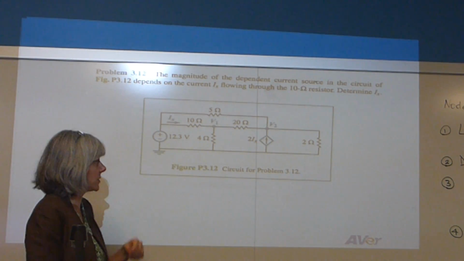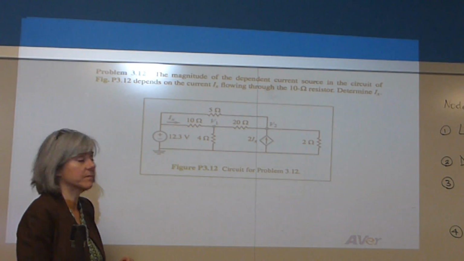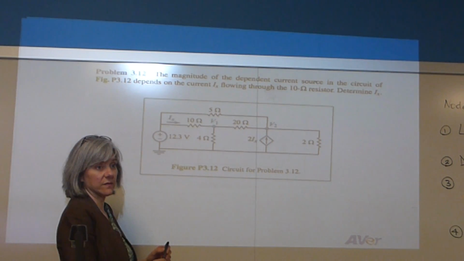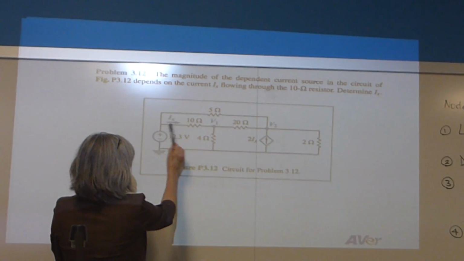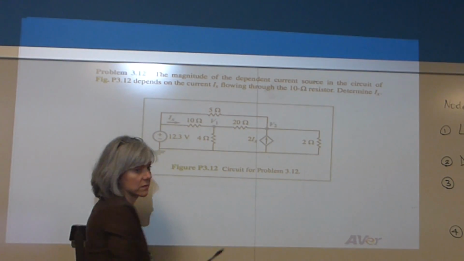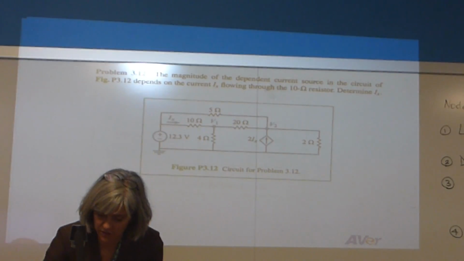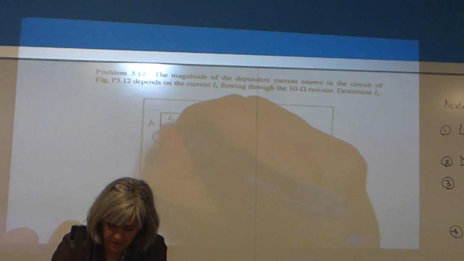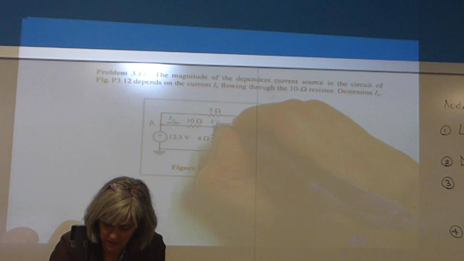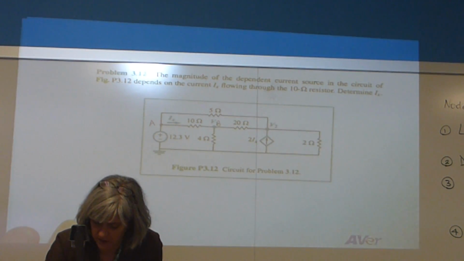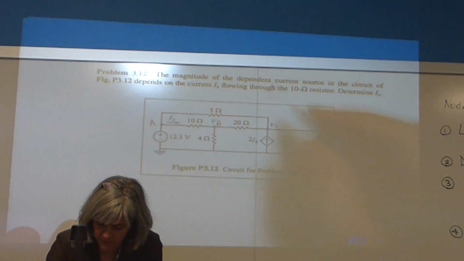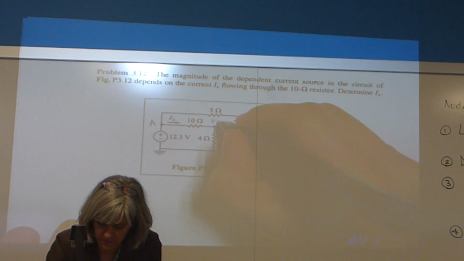So how many extraordinary nodes do we have? 3. Do we agree we have 3? 1, 2, 3. So let's go ahead and label those A. I'm going to label this B. Actually, use a different color. Blue. C.